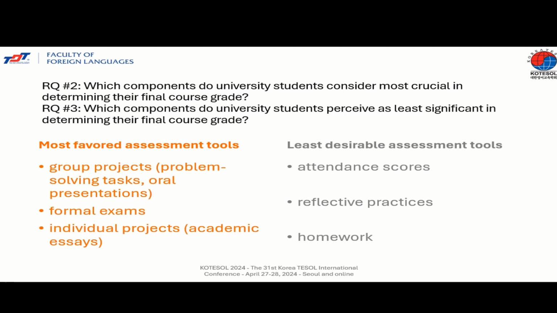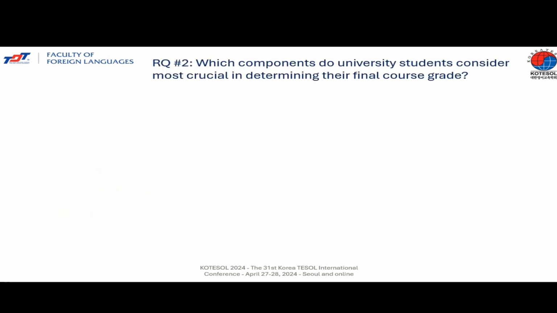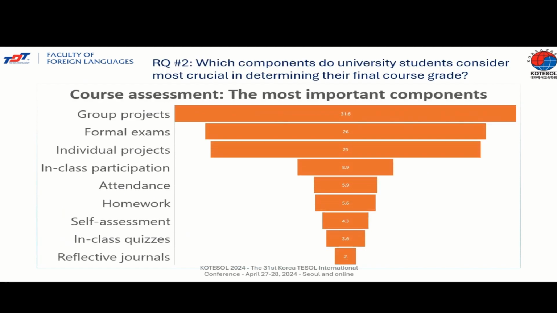Okay, so I also conducted structured interviews with the student participants, and I'm going to tell you what they say after seeing this figure. This figure shows all of the components that the students consider most crucial in determining their final course grade.